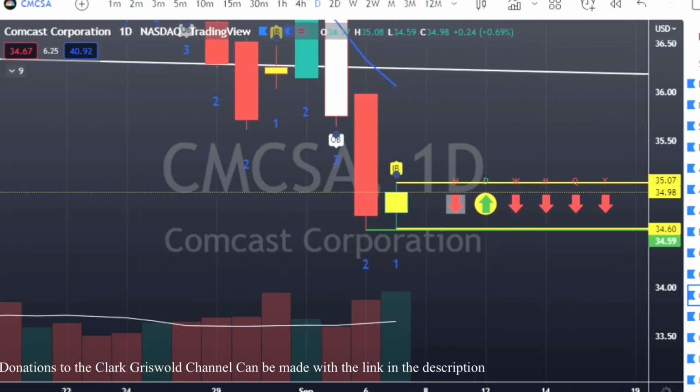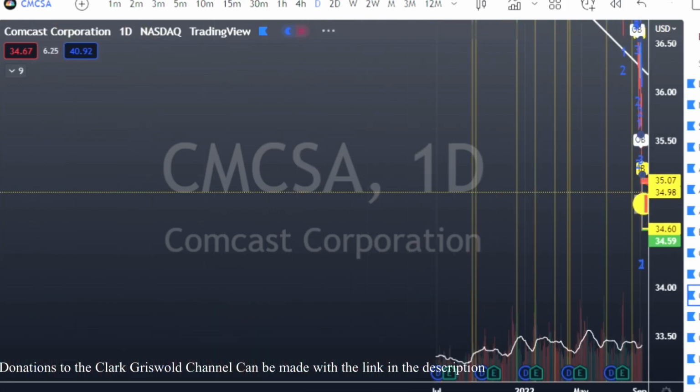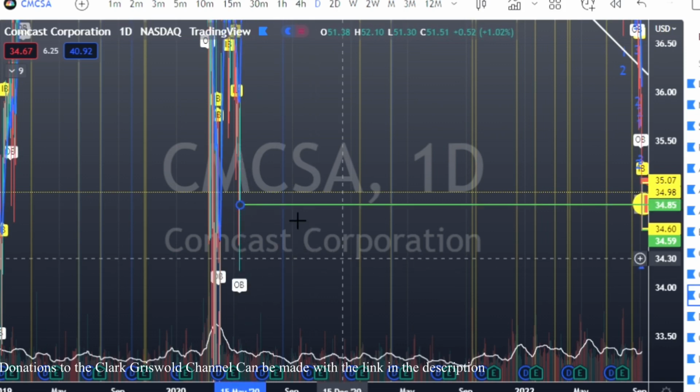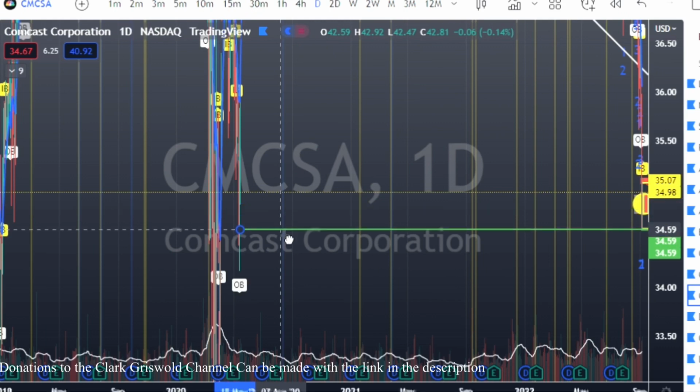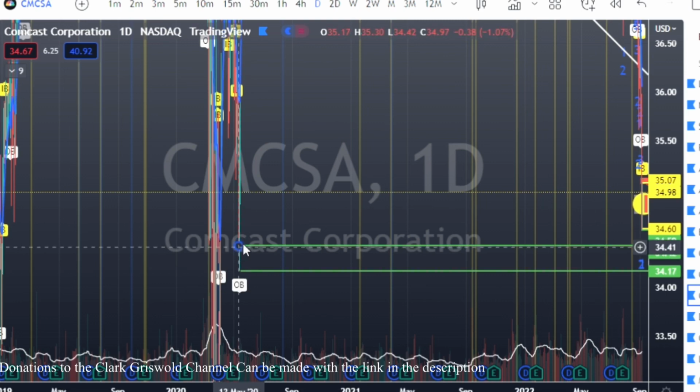There's no meat on it. There's no room for it to run. So we have to go back all the way to here to find your next targets. So I think here's one, and then it looks like there's another one right there. Okay?